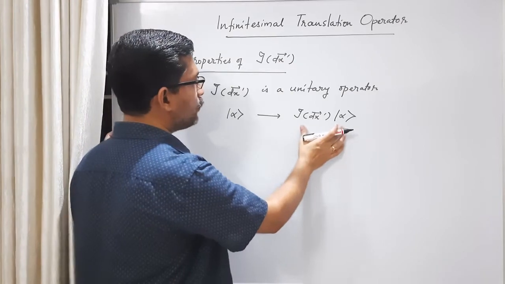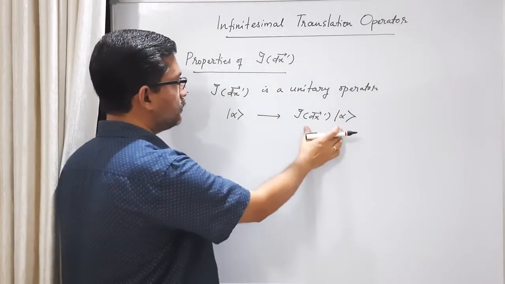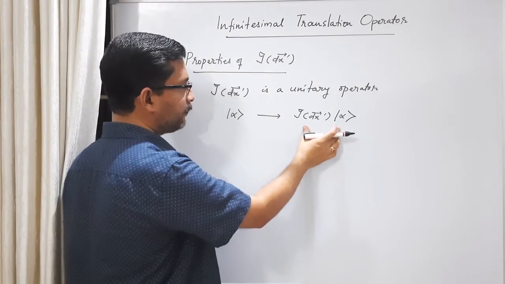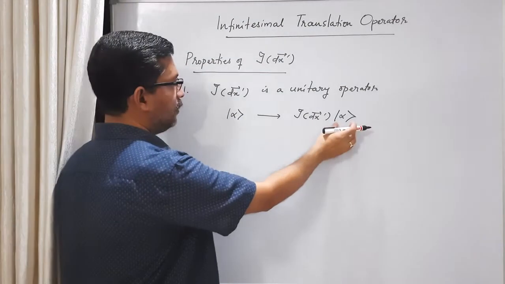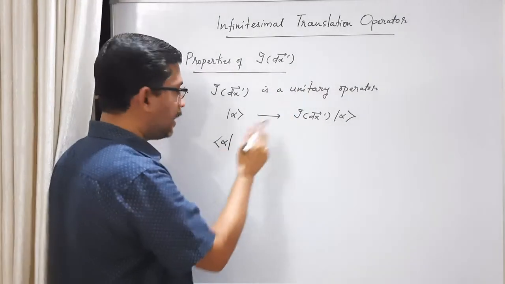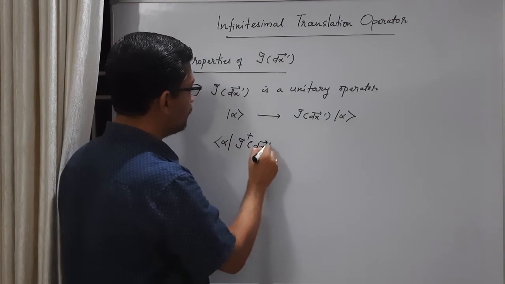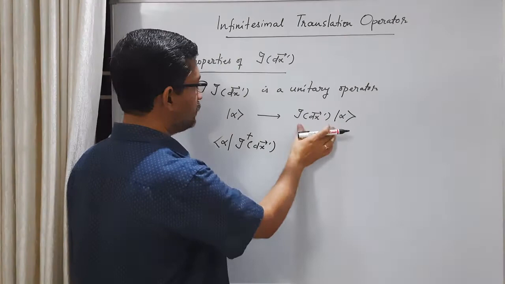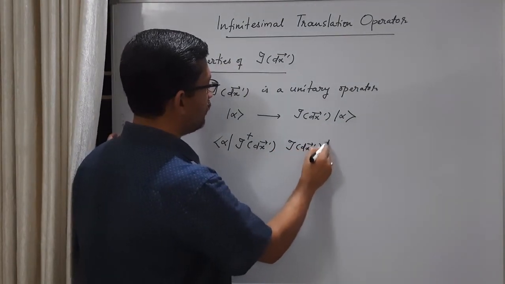So what is the norm of this vector? It should be equal to the norm of the old vector, right? Consider the inner product of this vector with itself. This ket will become a bra vector, and this operator will become its dagger. So we have J dagger dx prime on the bra side, and the inner product with itself has this vector, right? So we have J dx prime alpha.